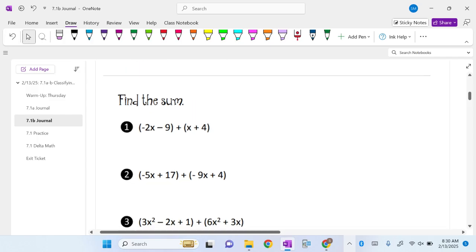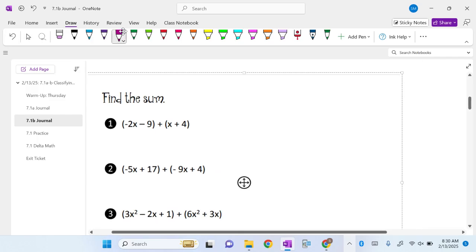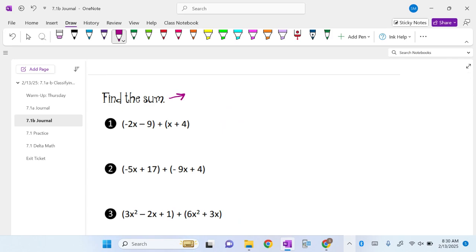So when we're trying to find the sum, that means that we are going to combine like terms. Whenever you're adding or subtracting, you're always combining like terms.